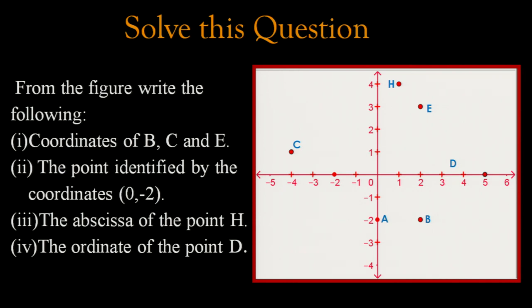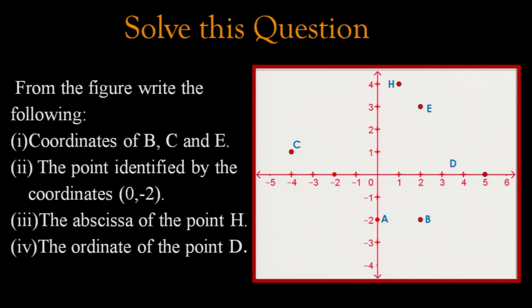Number 3, the abscissa of the point H. And number 4, the ordinate of the point D. So these are the four questions here. First we solve the coordinates of B, C and E.